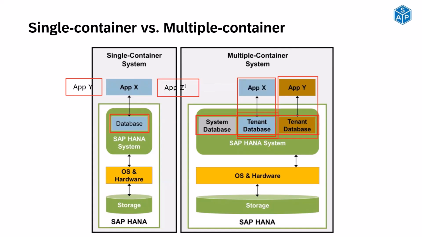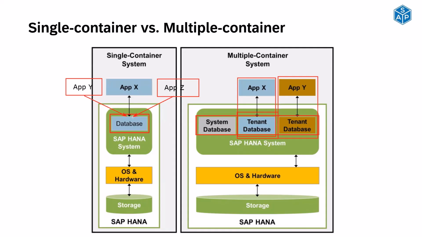Now you have three applications, and all these applications are accessing the same database. All the tables, you might have different table spaces for different applications, for example in Oracle structure. You might have different schemas: for application Y, you might have schema Y; for application X, you will have schema X; for application Z, you will have schema Z.